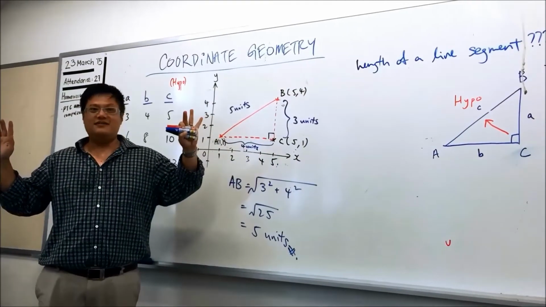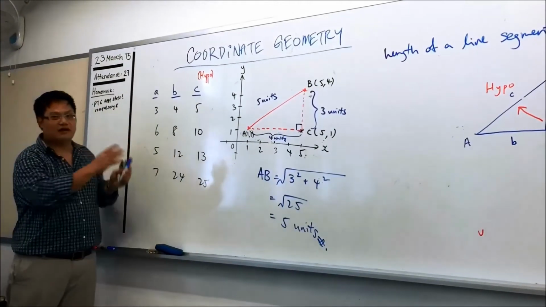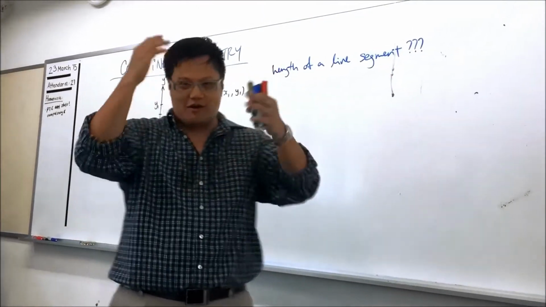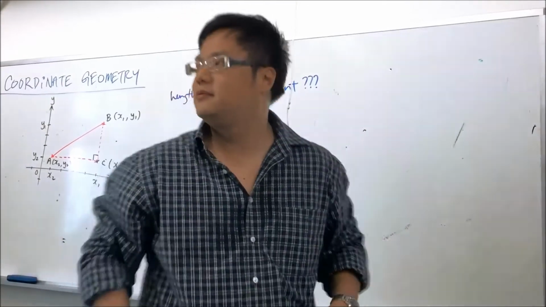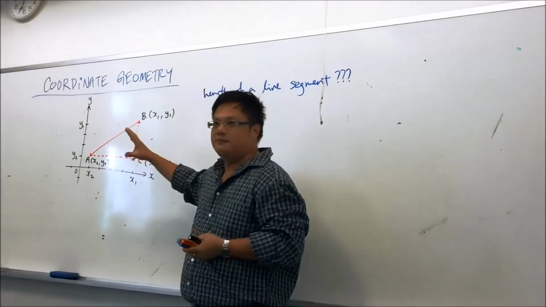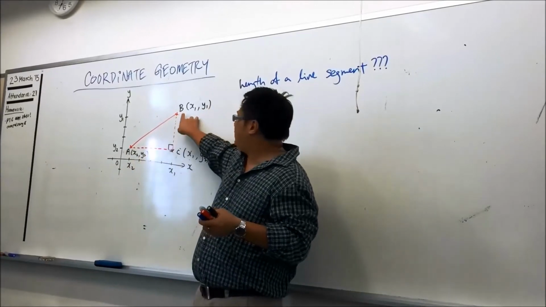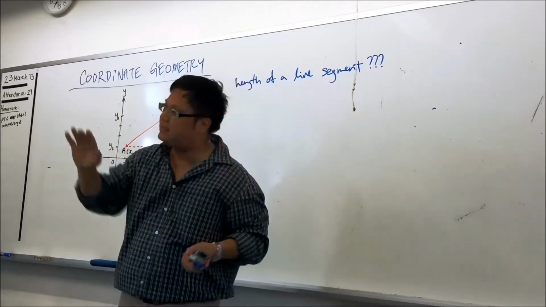Okay. Can I continue? Take your time to copy down all this first. Whatever you need, you copy down first. Okay, now we're going to turn the whole concept, instead of just using numbers, into algebra. So over here, point A, I let it be x2, y2. Coordinate of point B is x1, y1. Okay, the same coordinates that we used earlier.